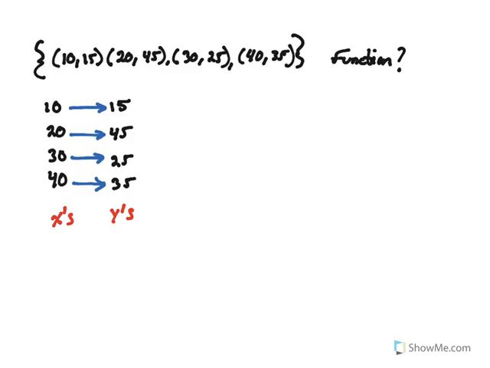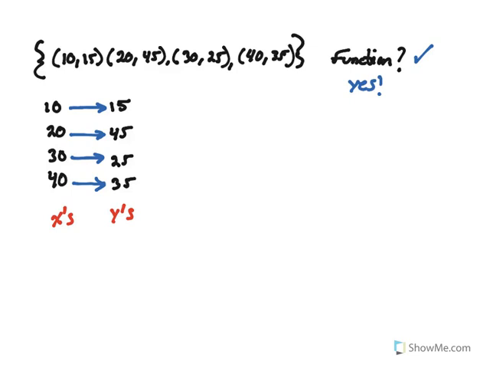When x is 20, it's only producing 45. When x is 30, it yields 25. So that's definitely a function. That would be yes, because for every one input, there's exactly one output.